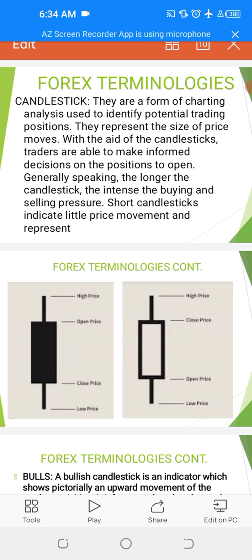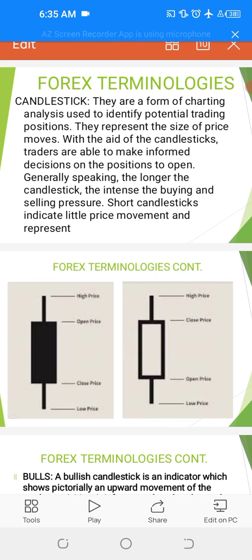Like I said, when you go on the trading platform, which is the chart, you are not going to see these different currencies shown there, but rather you are going to see representations, chart analysis, which in Forex is known as candlesticks.